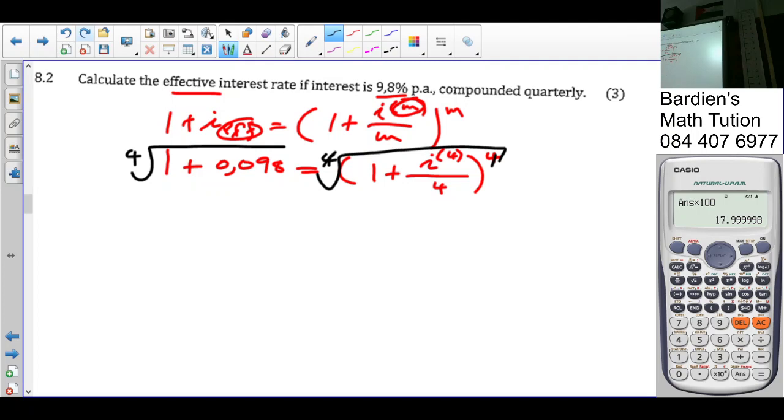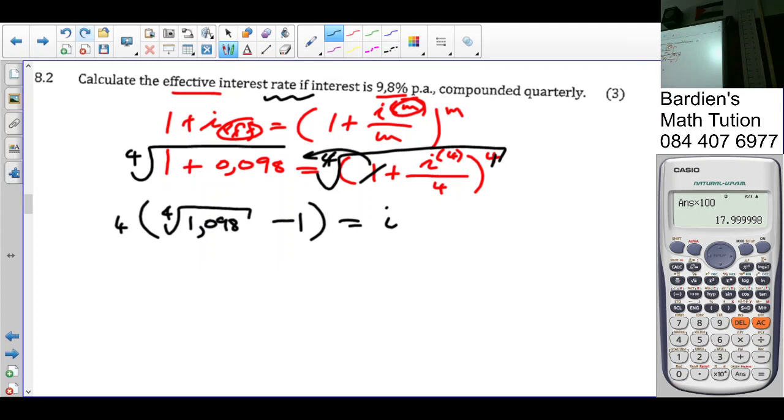Then what do I do? Take the 1 over, so you've got the 4th root of 1.098 minus 1. Then I'm left with i over 4. Multiply both sides by 4. Otherwise, you can do it step for step, no problem. Remember, they want the rate, so I must multiply it by 100.